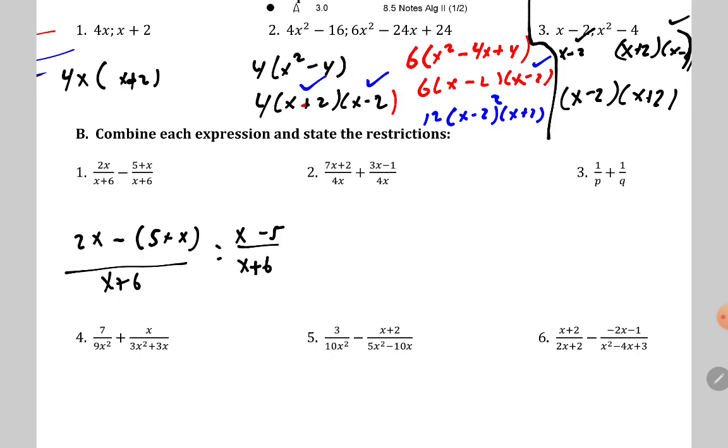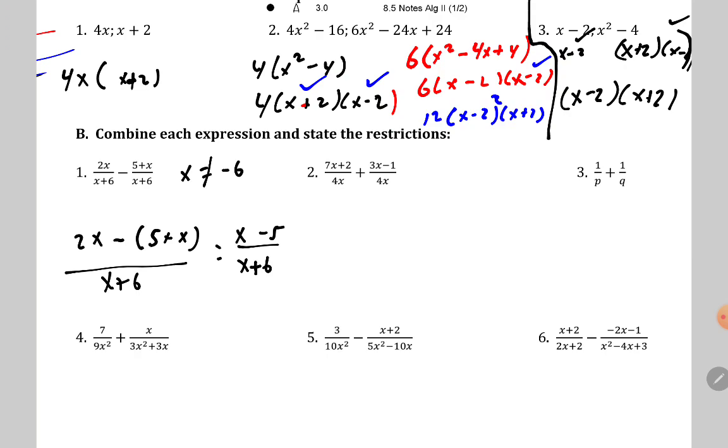And they want you to state the restrictions. That means what x cannot be. X cannot be whatever makes the denominator 0, because we cannot divide by 0, and that happens to be negative 6. If x is negative 6, we'll get 0 in the denominator, and that's undefined. I'm not allowed to do that.